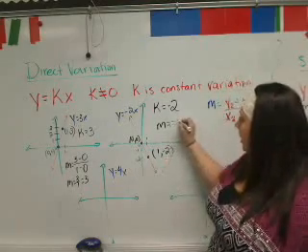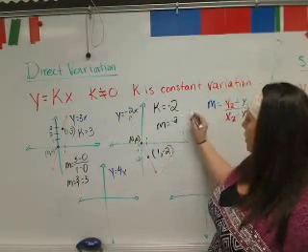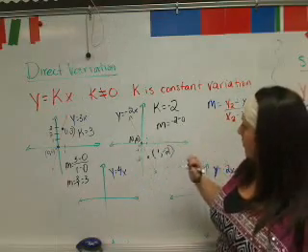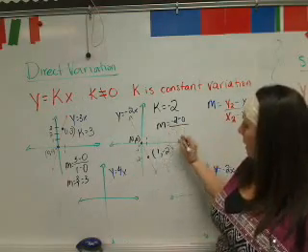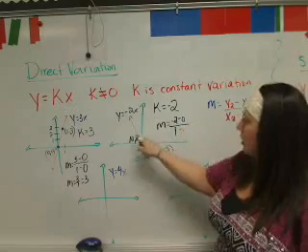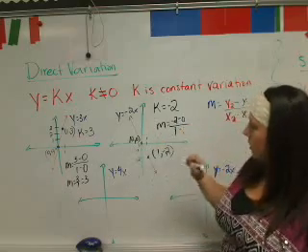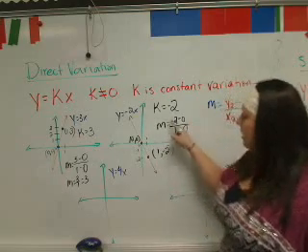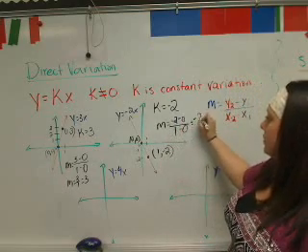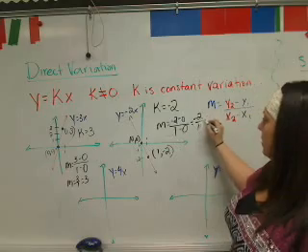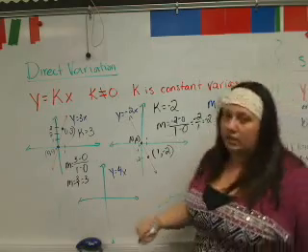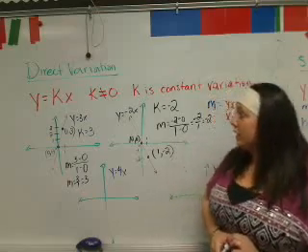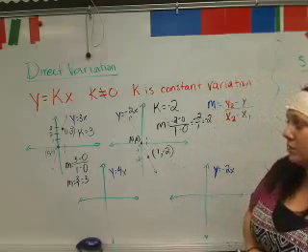Our y2 is negative 2, our y1 is 0, our x2 is 1, and our x1 is 0. Okay, negative 2 minus 0 is negative 2. 1 minus 0 is 1. So our slope is also negative 2. So we're finding the trend that our constant variation and our slope are typically always the same.